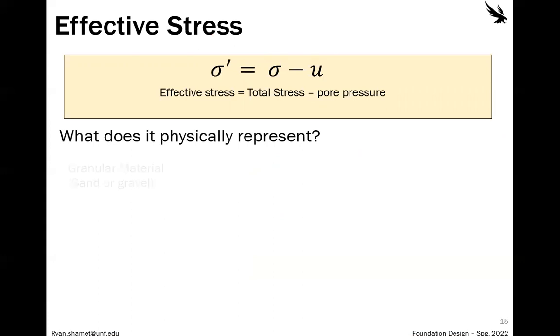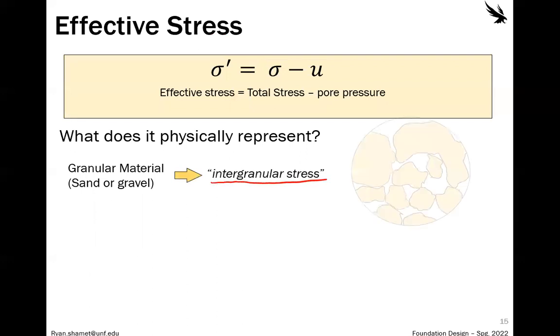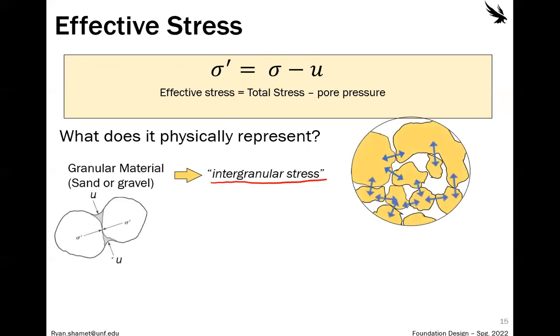But what it actually means in a granule setting is that it is showing the intergranular stress. If you remember from our little picture of the zoomed-in soil, all of the connected points there, the stress actually felt from those connection points is what we're calculating as the effective stress.